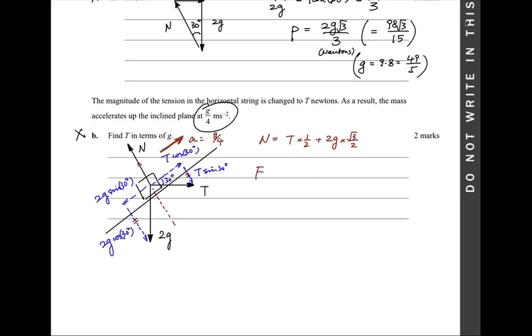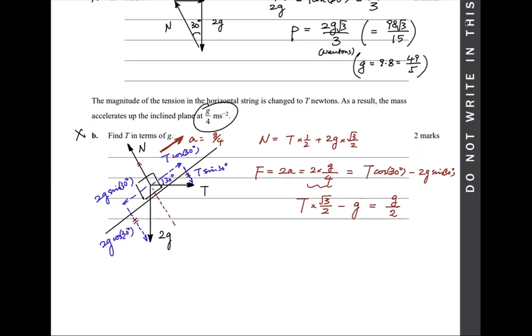So we are applying F equals ma, which is 2 times g over 4. So the driving force is provided by T cosine 30 degrees minus 2g sine 30 degrees, okay? So now T times root 3 over 2 minus g equals half g.